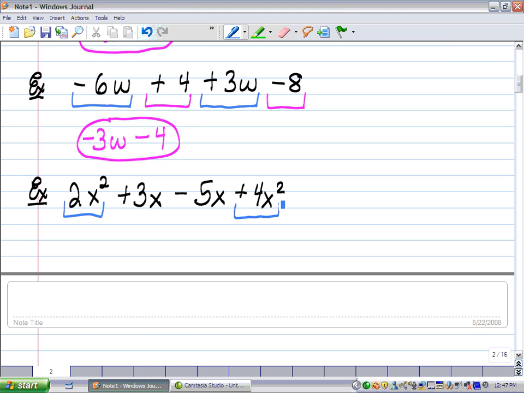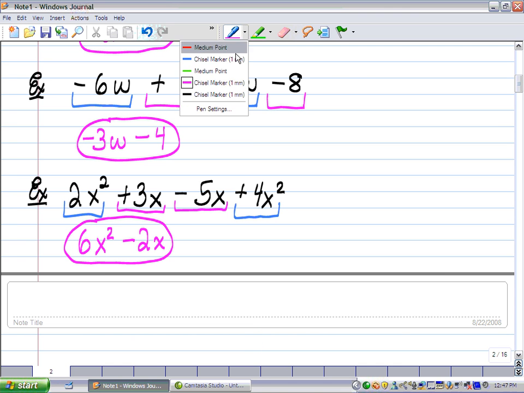So I have 2x squared plus 4x squared. When I put those together, that gives me 2 plus 4, 6x squared. I also have here a plus 3x and a minus 5x. Those are like terms. When I put those together, I put together 3 and negative 5, so I get negative 2x. There's no further simplification possible because 6x squared and negative 2x are not considered like terms.